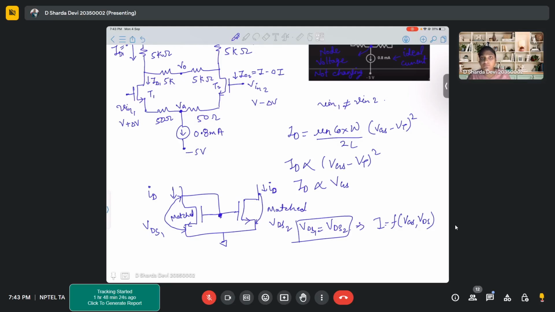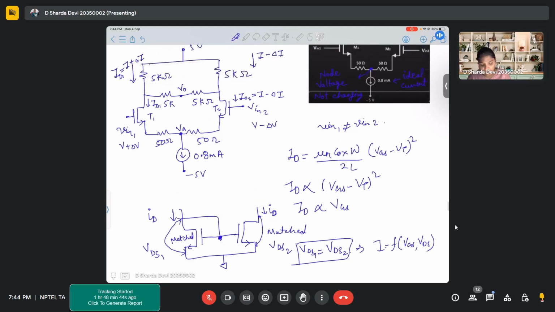Ma'am, they are connected in series, so will there be any change in voltage across them? Where are they connected in series? Which one is connected in series to which? These two are connected in parallel, right?